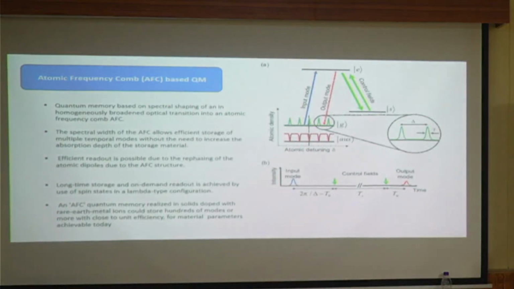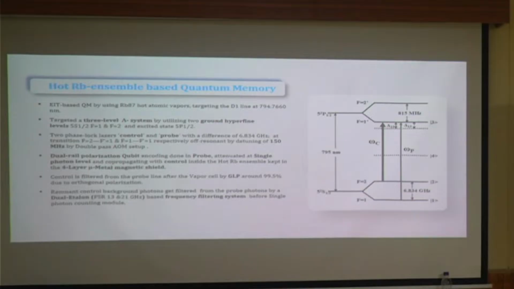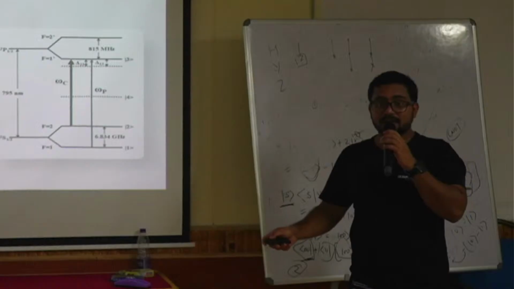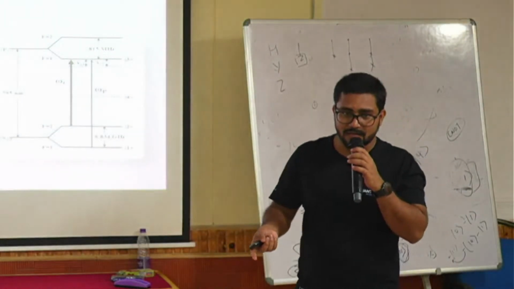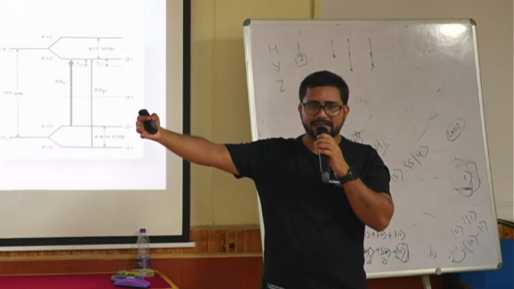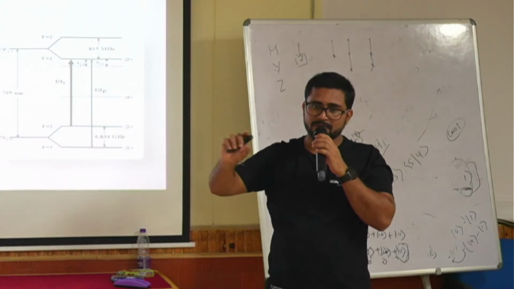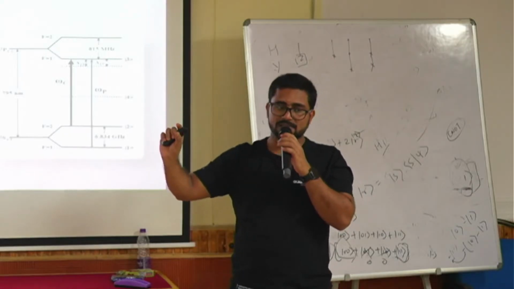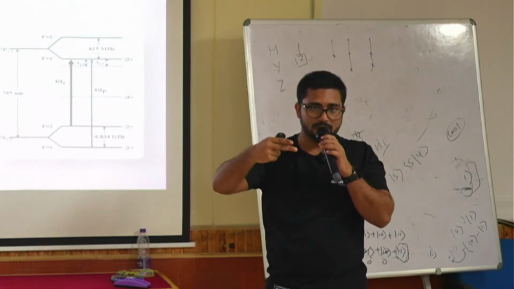So now I will go to rare earths. There is erbium or praseodymium. There are multiple in the periodic table. You see the rare earth table. So rare earth ion doped materials, by using that you can store quantum information.